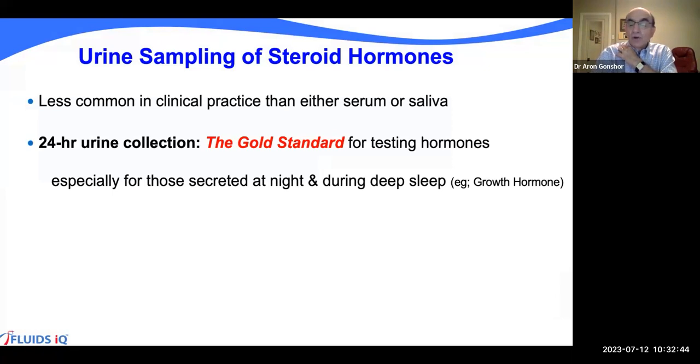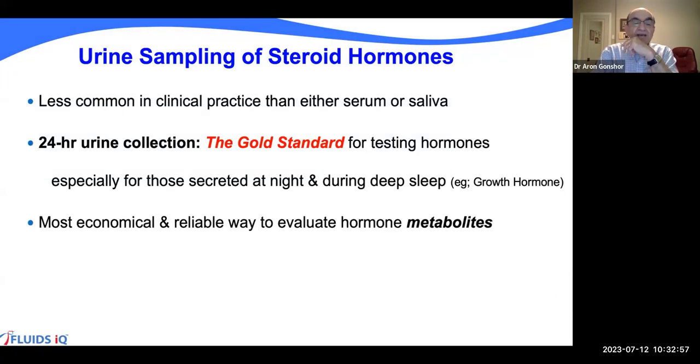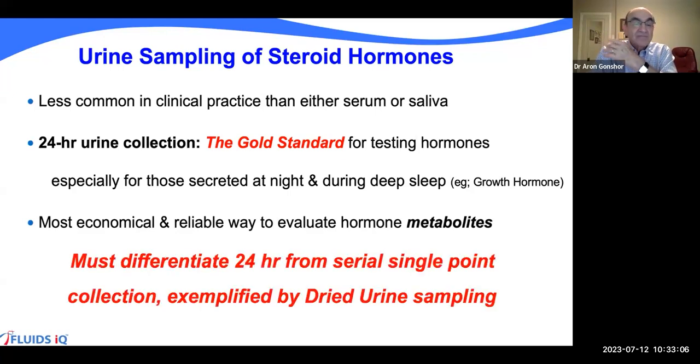Everyone, I don't care what the lab is, etc., they will tell you it is the gold standard for testing steroid hormones, especially for those that are secreted at night during deep sleep, etc. It is by far the most economical and reliable way of evaluating hormone metabolites. And in some cases, it's the only way.